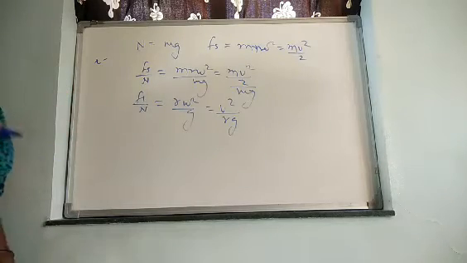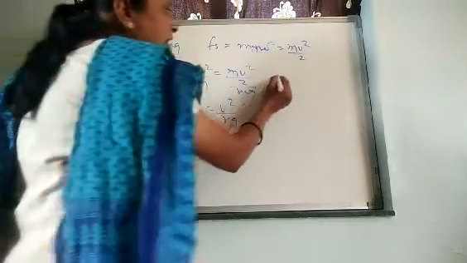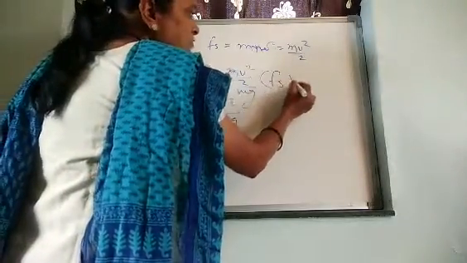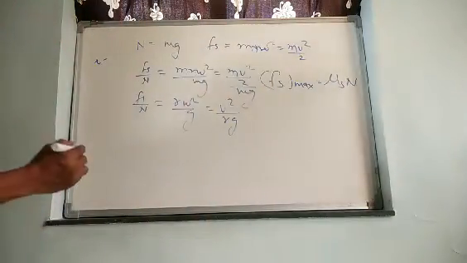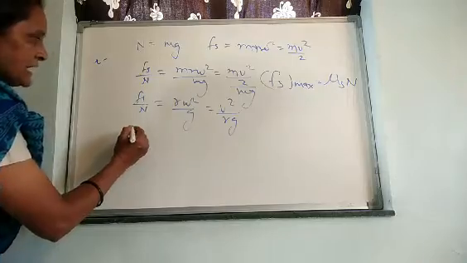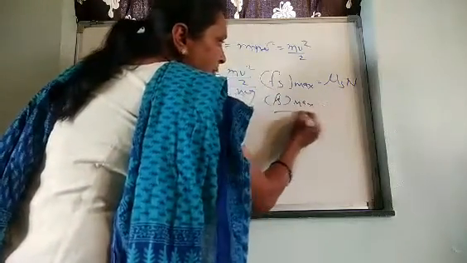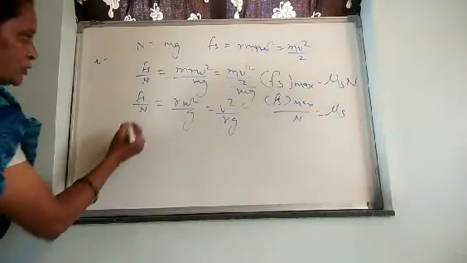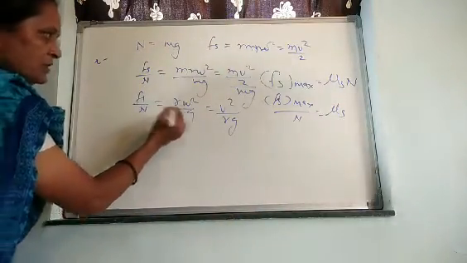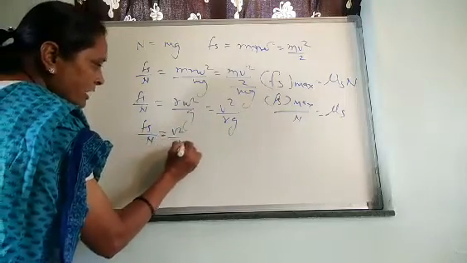Therefore, as speed increases, the force of friction also increases, but it has a certain limit. Fs maximum is equal to mu s into N, where mu s is the coefficient of static friction. Therefore Fs maximum upon N is equal to mu s, and from these two equations, Fs upon N is equal to v square upon rg.